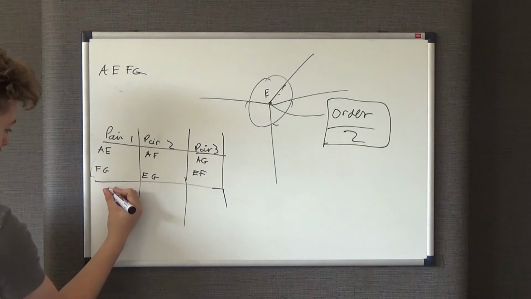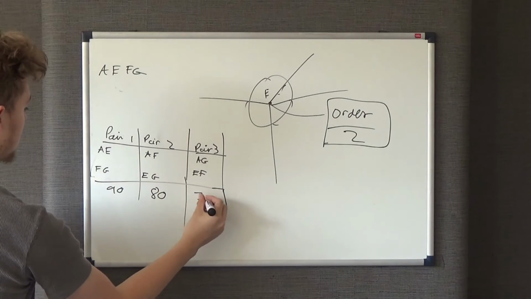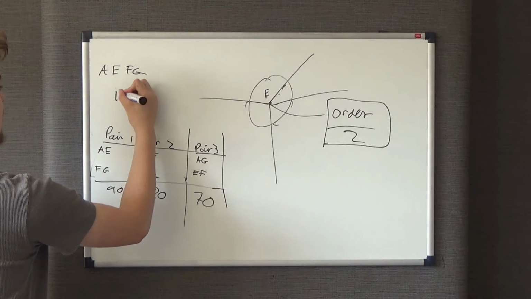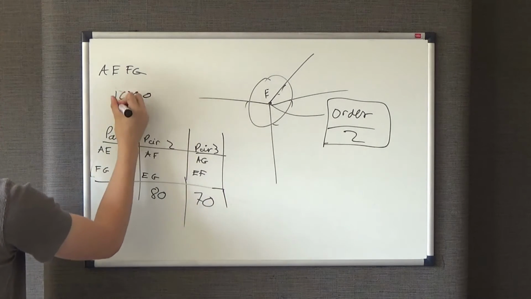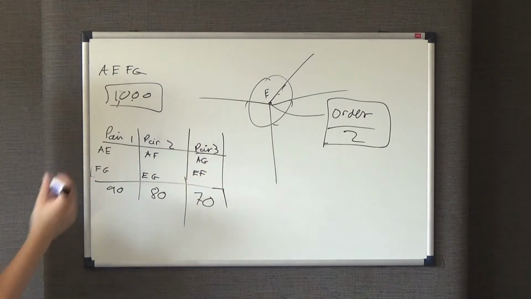That the first pair came to 90, the second pair came to 80, and the third pair came to 70. Let's say as well the total weight of the graph was 1000, so 1,000 kilometers, 1,000 meters, it doesn't matter. This is the total weighting of the graph.